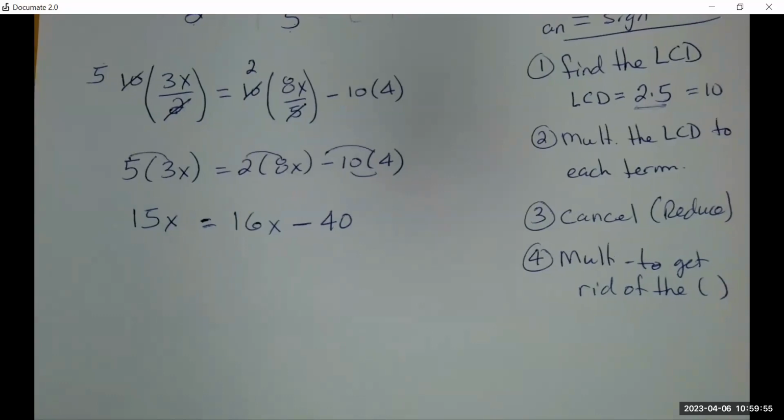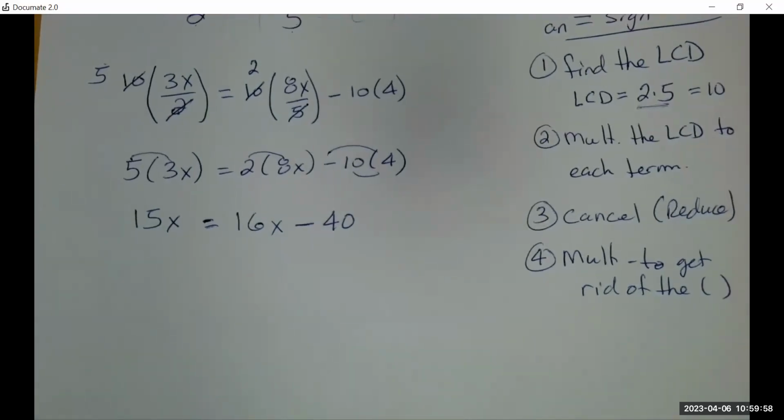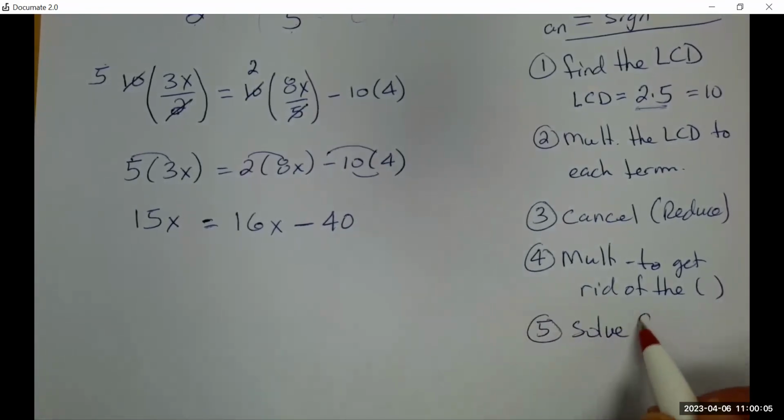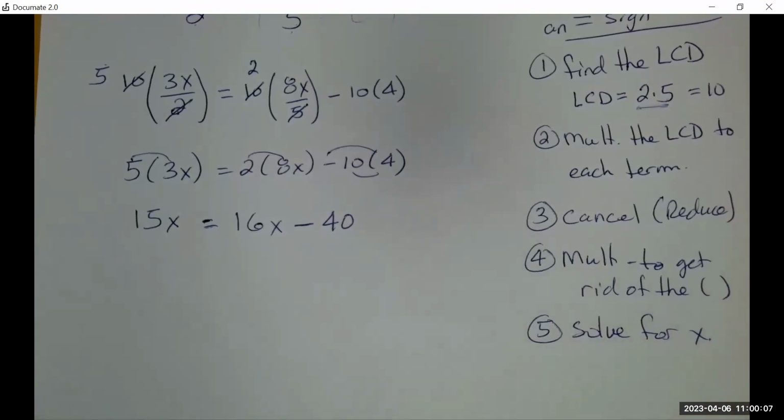As I said, always do signs and numbers differently. And then the last step is solve for x. It's always those 5 steps.